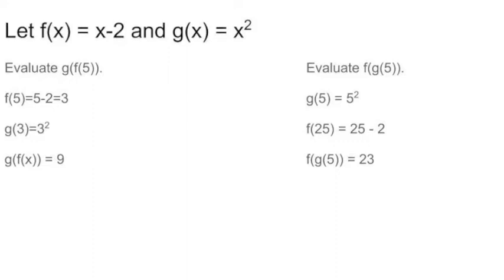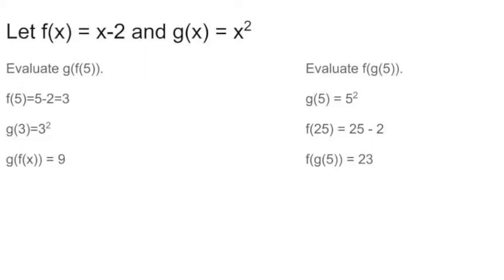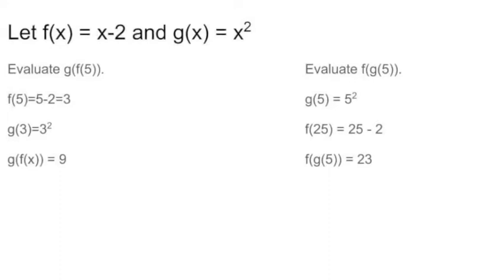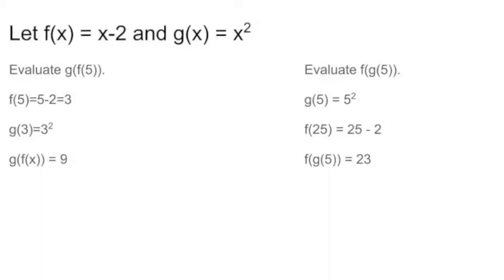All right, so we're going to let f of x equal x minus 2 and g of x equal x squared. And our job is to evaluate, we're going to look at the one on the left, g of f of 5. So again, we do the innermost first, so we're going to do f of 5. And back in chapter 1, we learned how to evaluate functions like this. That just means x equals 5, so plug in 5 for x.